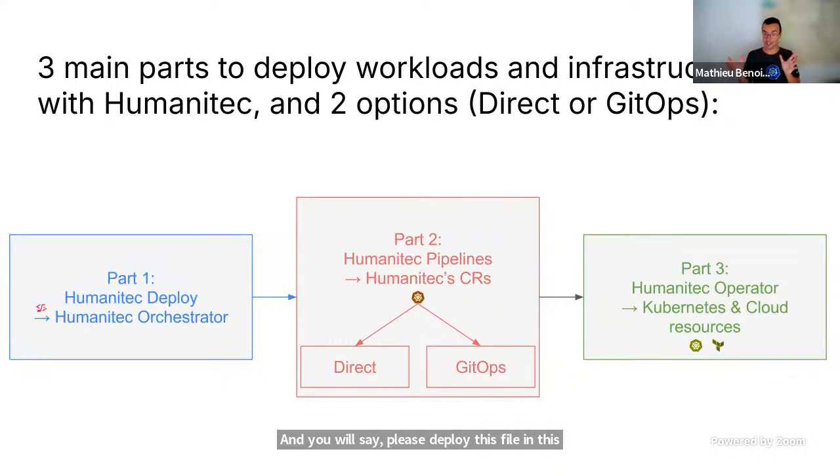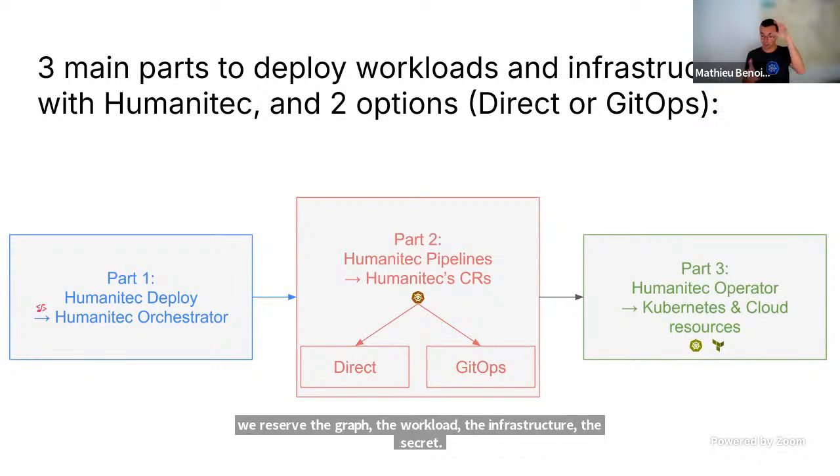The second part is building the resource graph with what we call the Humanitec pipeline, and we generate what we call the Humanitec custom resource. The runtime we support today is Kubernetes, so it will be a Kubernetes custom resource, right? Here we resolve the graph of the workload, the infrastructure, and the secrets, and we generate the graph.